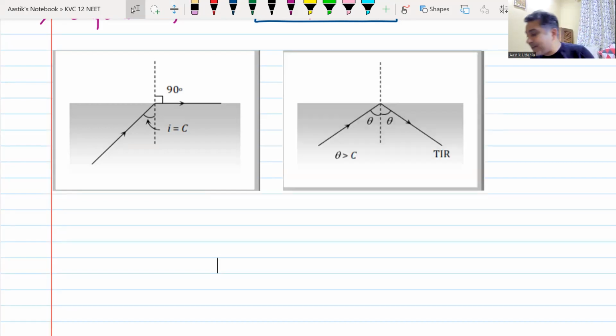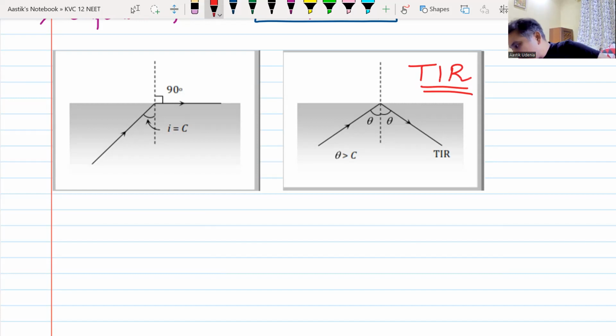So now light will not pass into the other medium. It will turn back in the same medium, and this phenomenon is known as TIR. What is the full form of TIR? Total internal reflection.